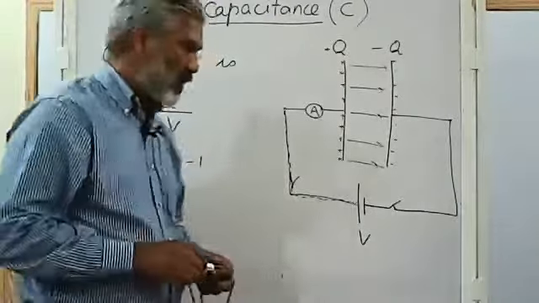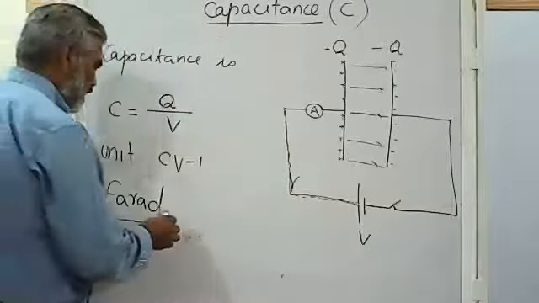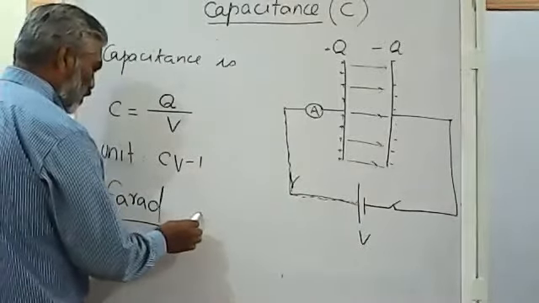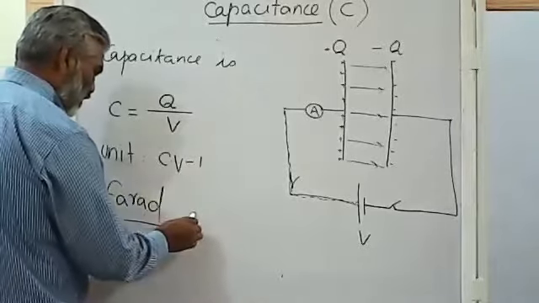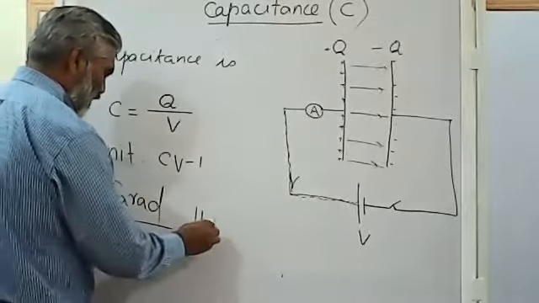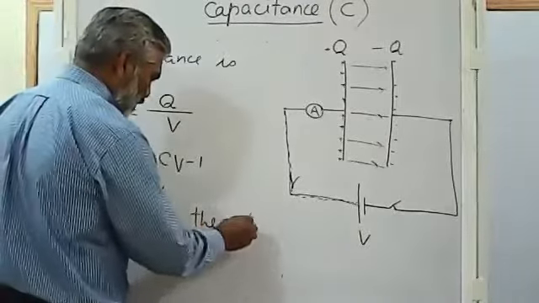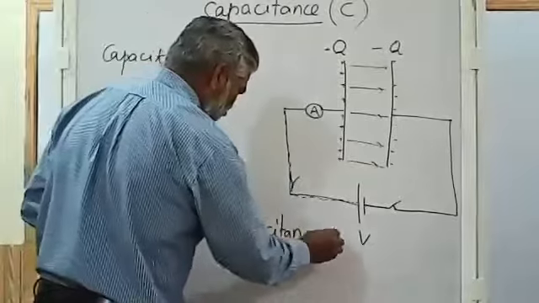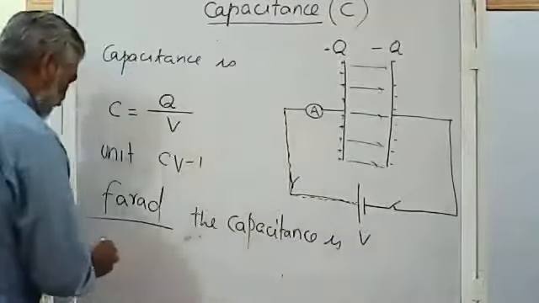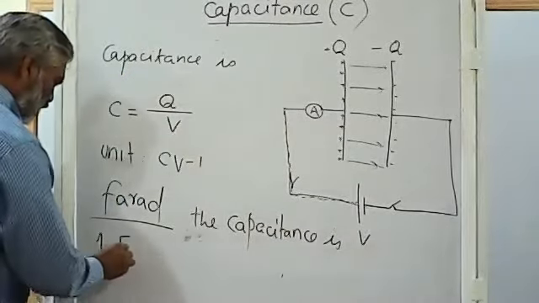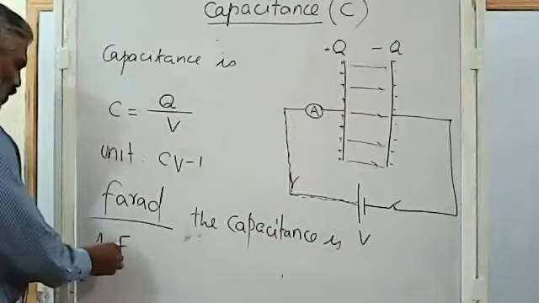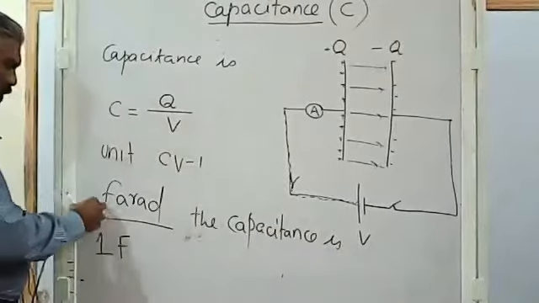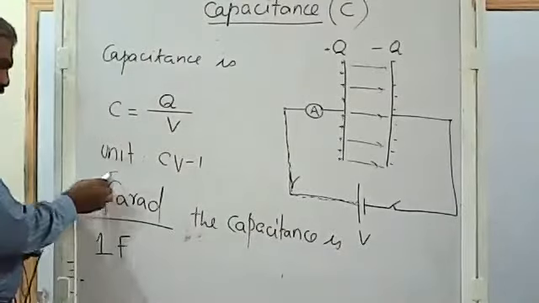The farad. So farad is defined as follows: the capacitance is said to be 1 farad. If I write only the symbol, it is capital F, but the full name of the unit is with small f.